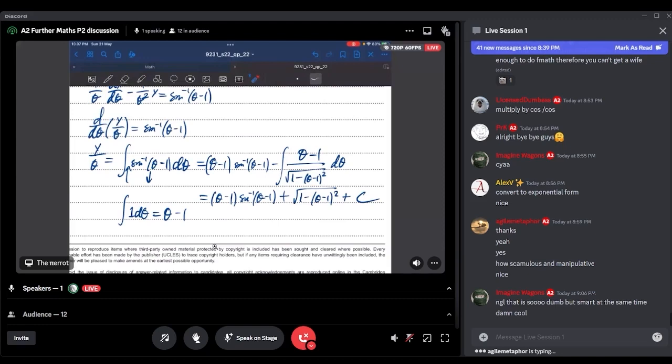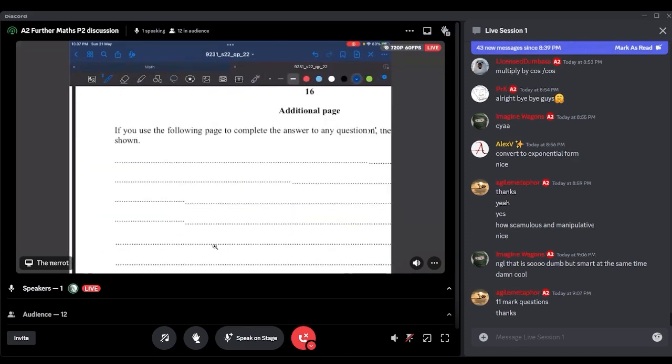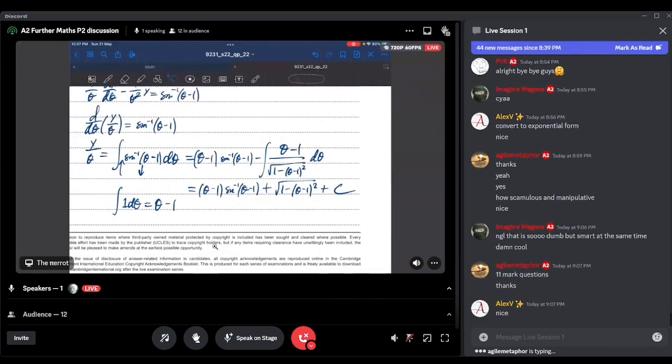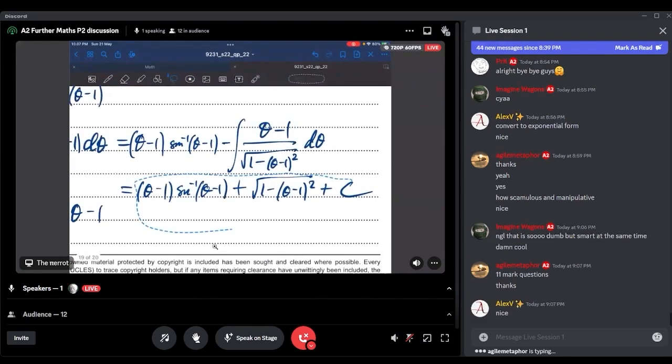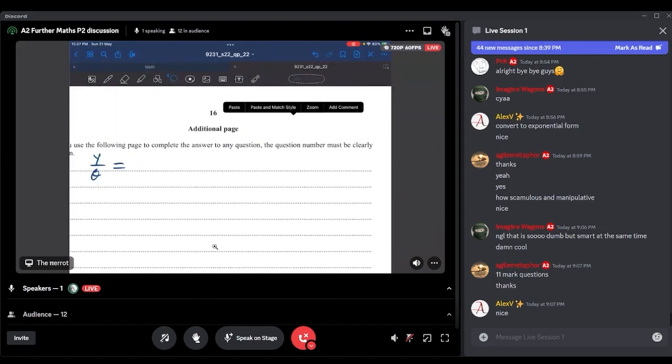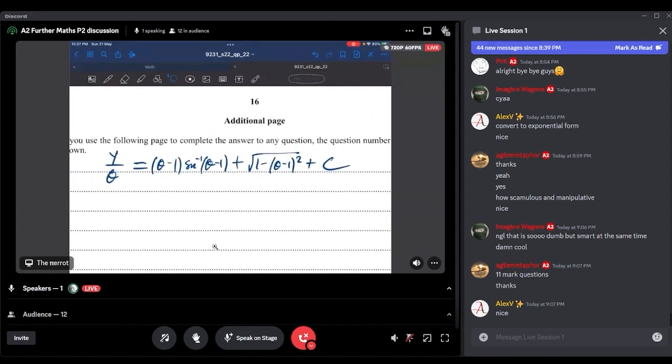Okay, so now let's make a new page here. Y over theta is equal to... Okay, so we want to find a particular solution, right? So we have to find what C is, but we're given that Y is 1 when theta is 1. Just plug in everything.